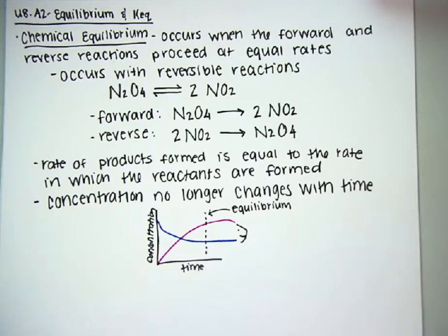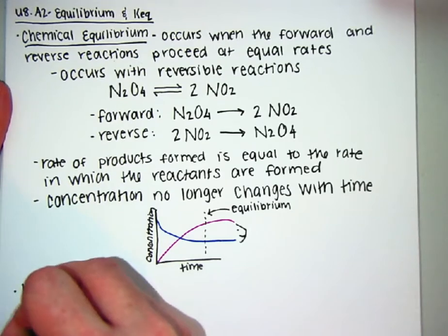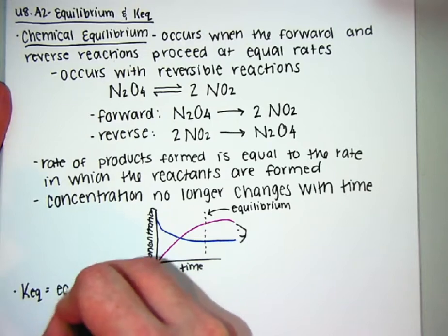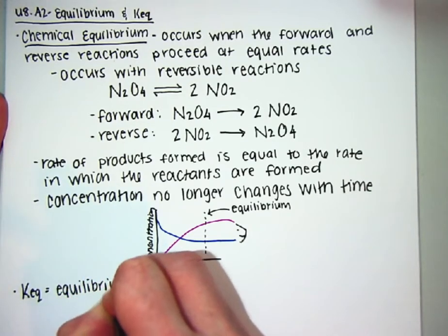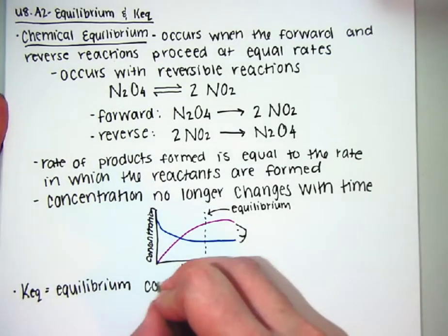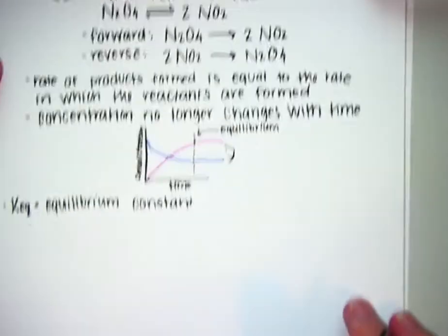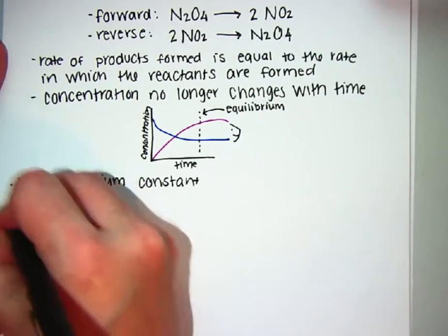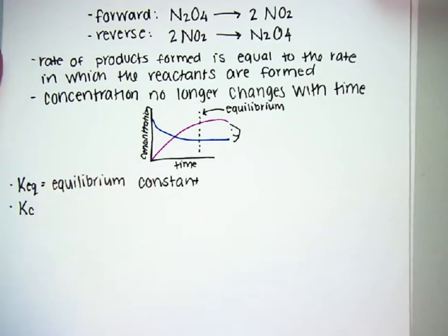So this brings us to KEQ. KEQ is what we call the equilibrium constant. Capital K, you're going to see lots of different versions of this.